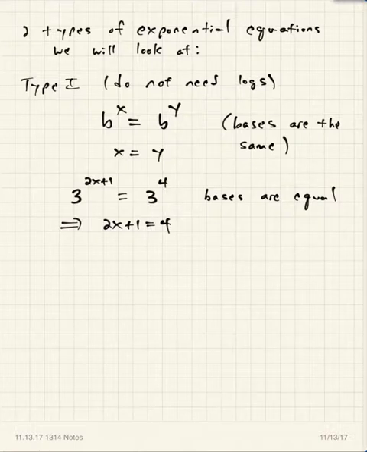There's no other way that could be a true statement unless those exponents were the same. And then you don't have the x in the exponent anymore when you write that second equation. So we can now solve this equation and we get the solution very quickly. We get 3/2 as the solution to that equation.